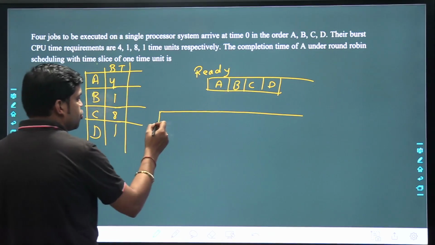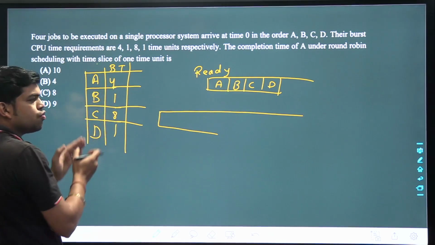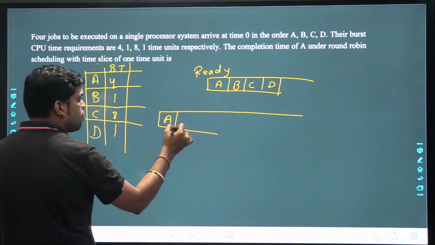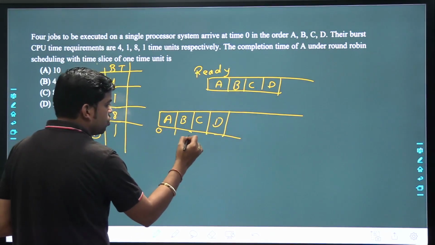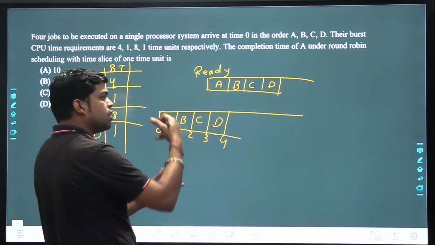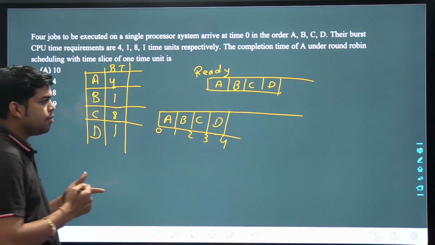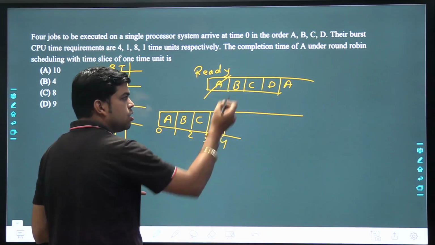Got it? So initially all processes have a burst greater than or equal to 1. So for 1 unit all processes will execute. So that is from 0 to 1, 2, 3, 4, because the time slice is 1. Now after that the turns will occur again, meaning when A finishes, A is added again to the ready queue.